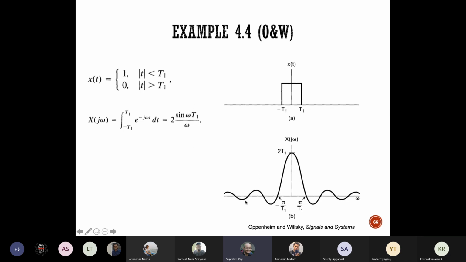Does anyone know what this function is called? It's a very popular function. This is what is called a rect function, and its Fourier transform is called a sinc function. And they actually go back and forth. If you have a sinc function as an input, its Fourier transform is going to be rect.